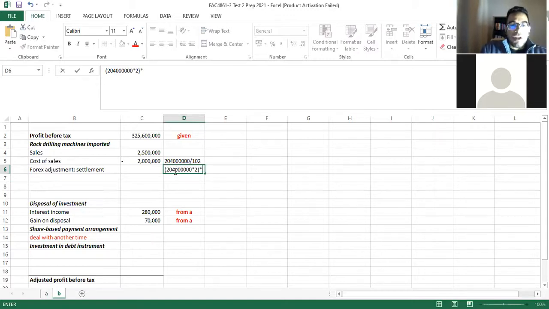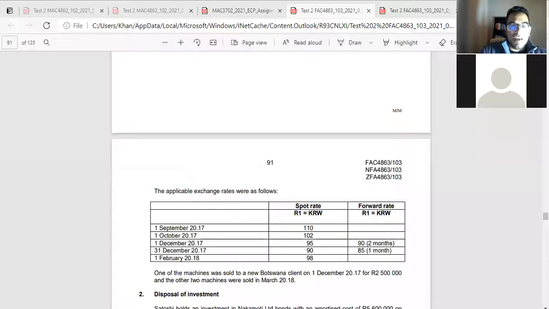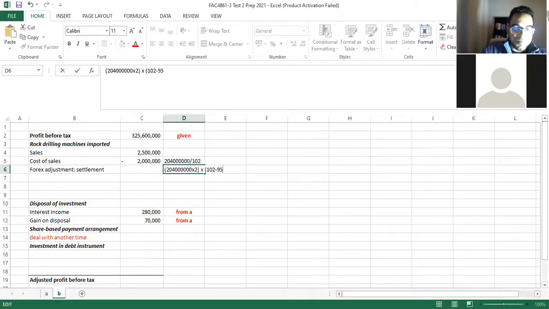We're going to have to multiply this by the change in exchange rate. Okay, so the exchange rate was 102. It is now at 1 December 2017, 95.